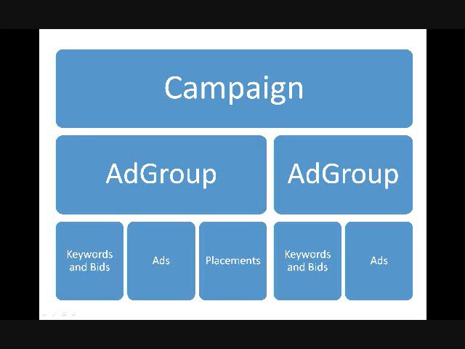So, for example, to go back to the Spanish ad group example, you might have a keyword of Spanish classes. So that phrase could be one of your keywords. You might bid $1 whenever someone searches for your ad to appear, and then you would have 1 or more ads in there that would show up whenever someone does that search for Spanish classes. But then you might not just limit it to the keyword Spanish classes. You might have Spanish classes, Spanish courses, Spanish education, Spanish language classes, and so on and so forth.